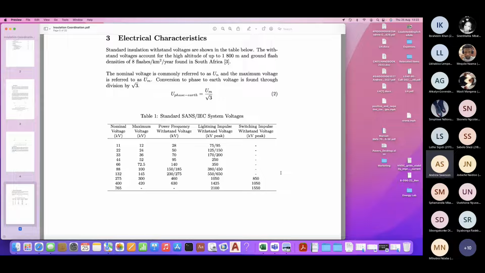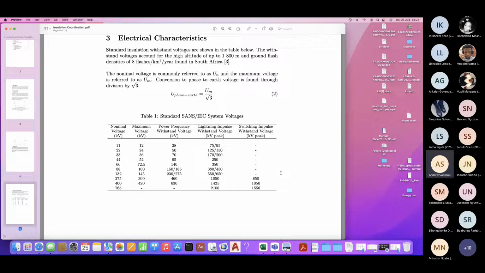The reason is that you start talking about 2 per unit at the higher voltage, and all of a sudden you're looking at very high voltages. And you're switching surges. Normally when you switch a circuit breaker, there's lots of factors involved, the capacitance of the line, if it's loaded or not, whether it's going to reflect.